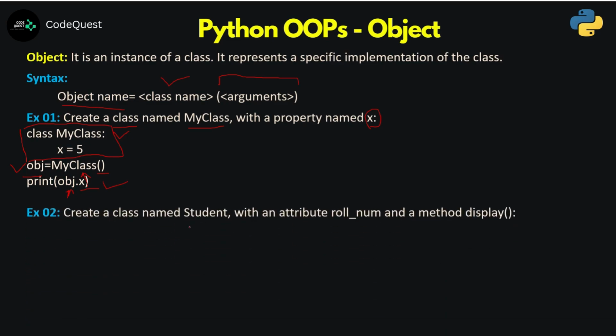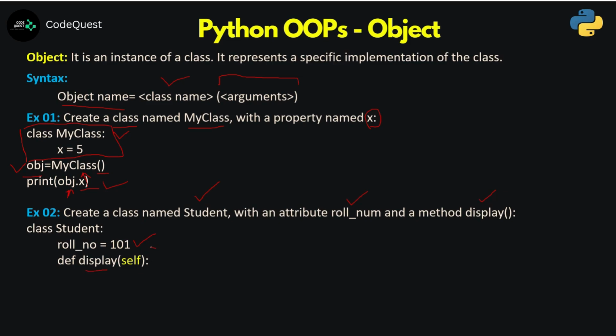Now similarly, let's say we would like to create one class called student having an attribute roll_num, and of course a method display, like we have seen in the previous class definition. So we took a class student and an attribute or variable roll_no set to 101. Then I define one method with the name display.